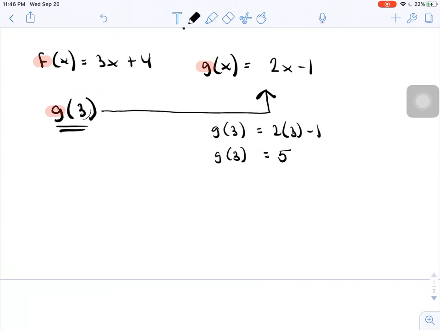Since we were filling in a number for the input, we were able to get out a number for the output. Down the road, you guys will look at some situations where you might not be filling in a number for the input. You might be filling in an expression for the input. And you guys will learn why we might do that later on. But for now, while we're talking about function notation, it's good to be aware that that's something you can do.